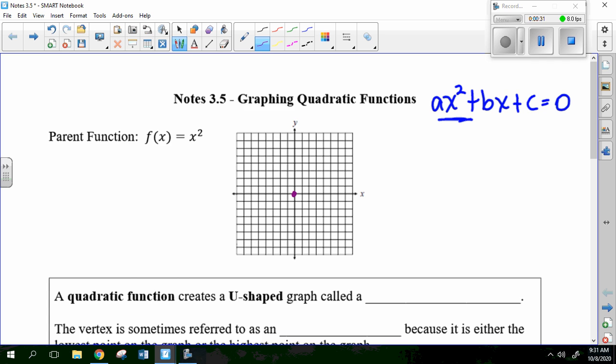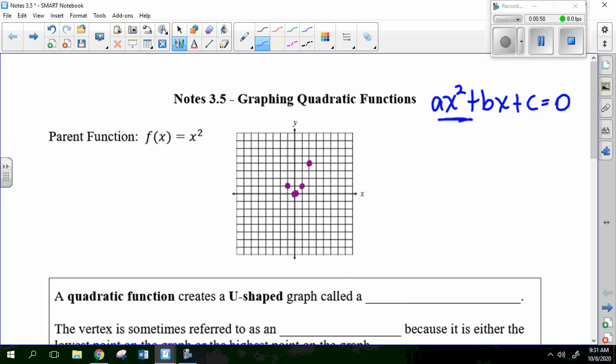The parent function, just like the absolute value, has a vertex at 0, 0. And then if we want a very accurate graph, we can pick some other x values and square them and get a y value. If I plug in 1, 1 squared is 1, so there's a point at 1, 1. If I plug in -1 and square it, I get +1, so there's a point there. If I plug in 2, I get +4.